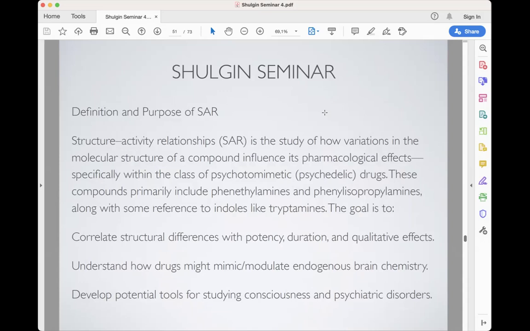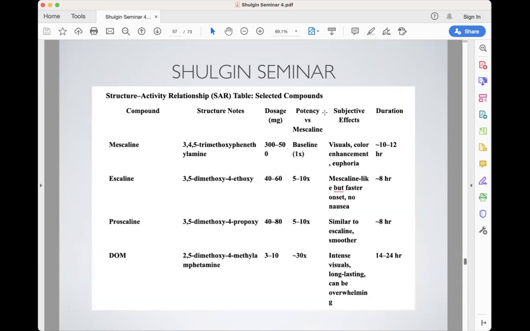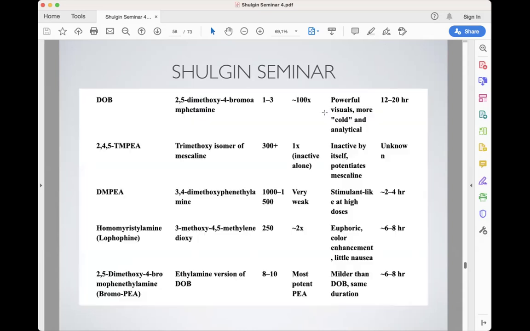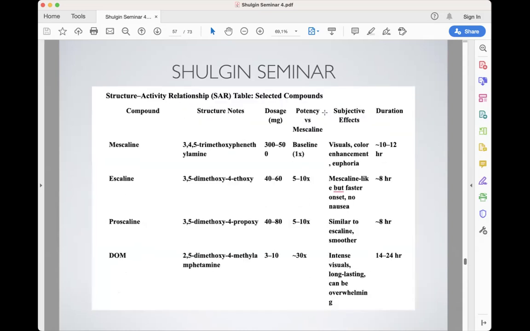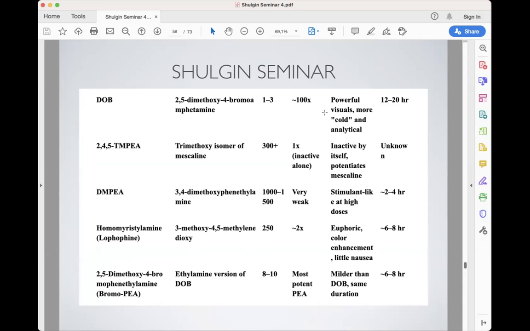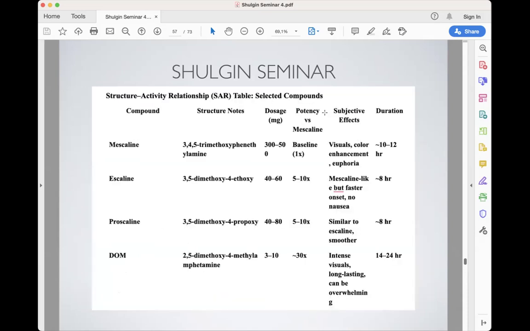Then there is DMPE, dimethoxyphenethylamine, related to various forms of schizophrenia. And then after discussing mescaline and TMP, DMP, and so on, he proceeds to proscaline, to escaline, so other homologs of mescaline, which were never described by him before.